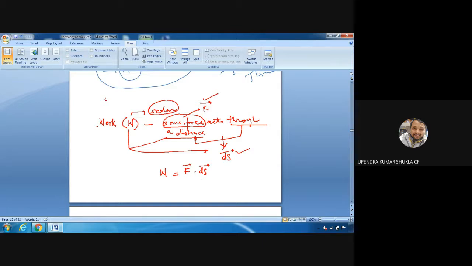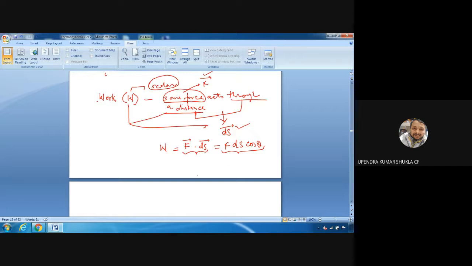Now if you write this equation as F ds cos theta, you can interpret this in different ways.